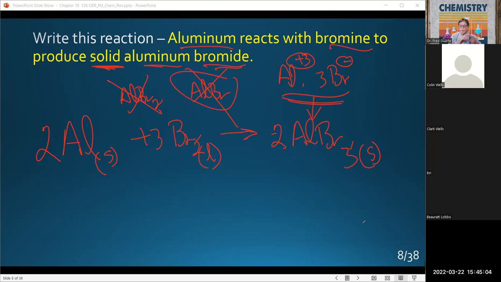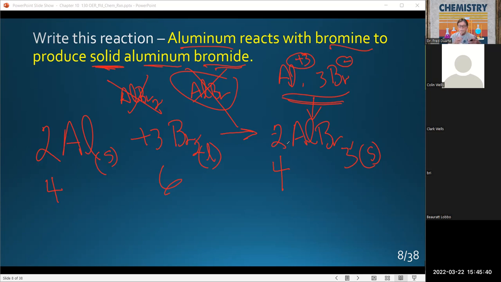Now, a note about balancing. It is feasible that when going back and forth you end up with numbers that are all doubled. So for example, you might end up with 4, 6, and 4 as the coefficients. Now, technically, it is balanced, right? If you think about it, I've got 4 aluminums on each side and 12 bromides, Brs, on each side if I use the coefficients 4, 6, and 4.